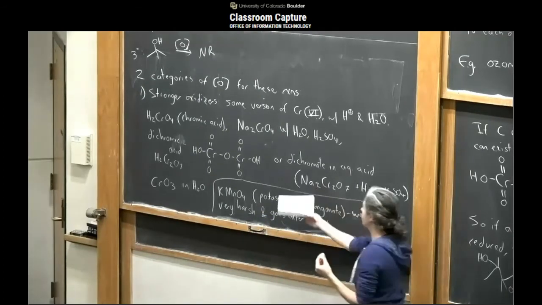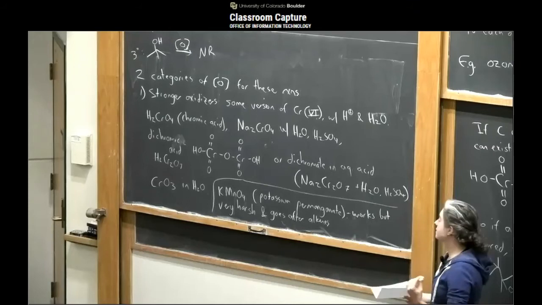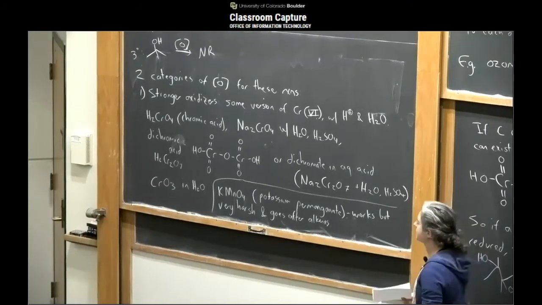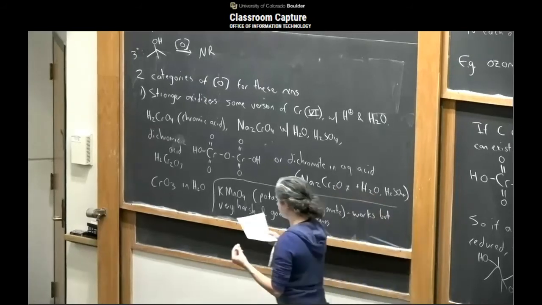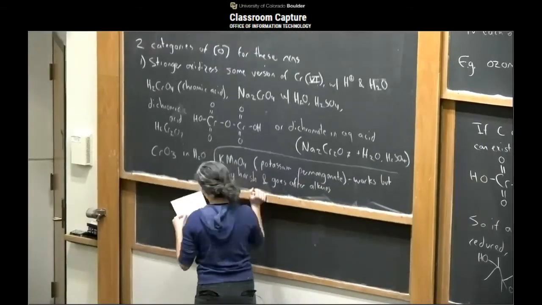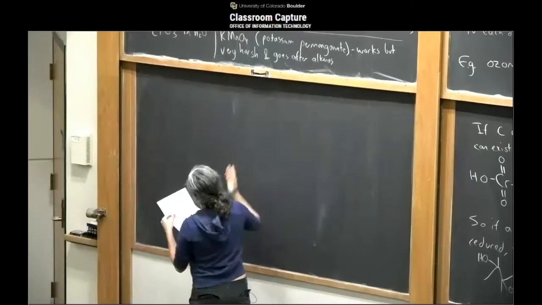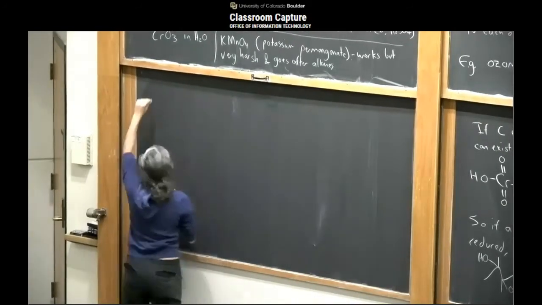Okay, so there's a whole bunch of different ways this could be written. Just look for the common factor of chromium plus 6. Or another way that it could be written is just Jones reagent. So you might see just the word Jones written on the arrow.